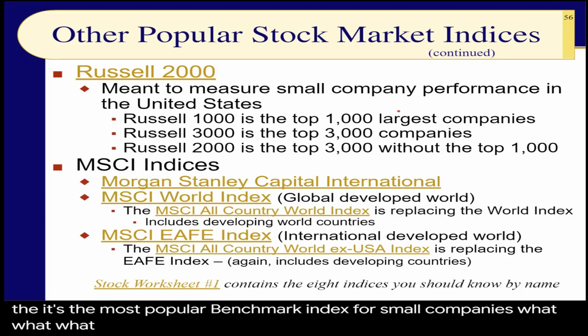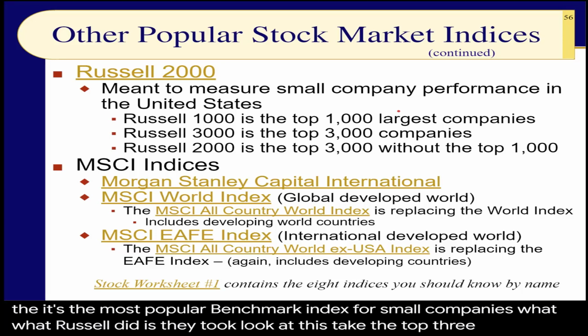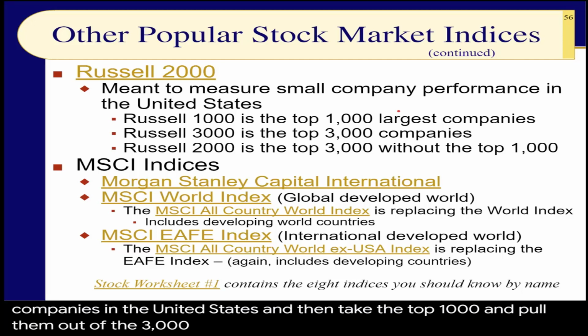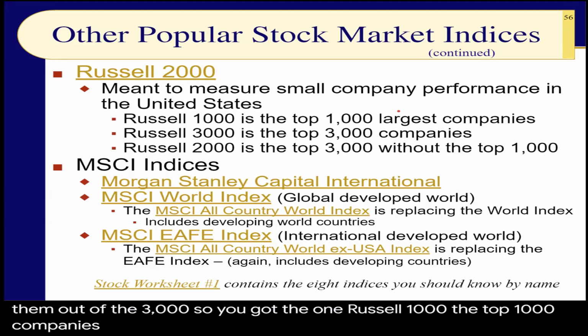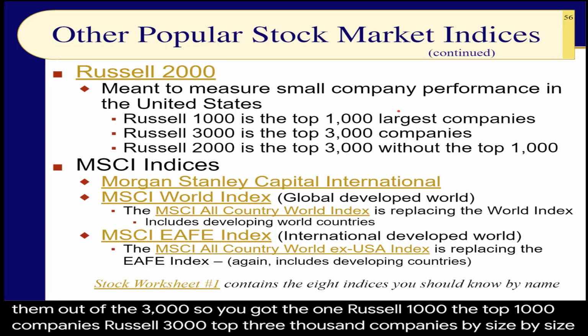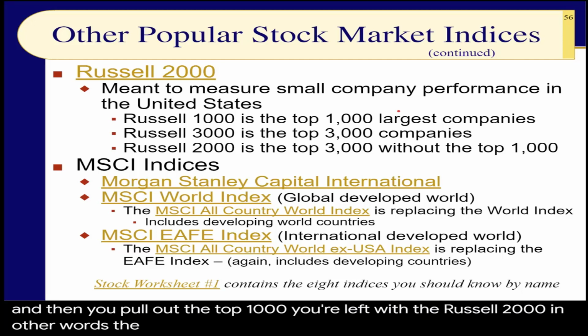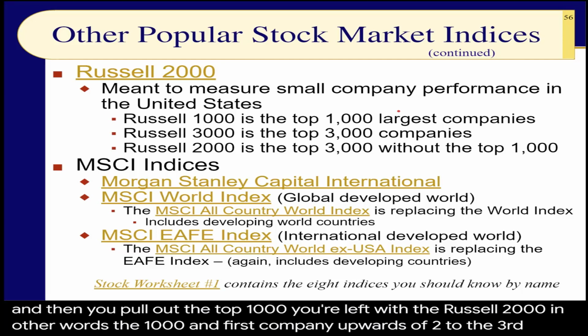What Russell did is they took the top 3,000 companies in the United States, and then took the top 1,000 and pulled them out of the 3,000. So you got the Russell 1000, the top 1,000 companies, the Russell 3000, the top 3,000 companies by size. And then you pull out the top 1,000, you're left with the Russell 2000. In other words, the 1,001st company upwards to the 3,000th company.